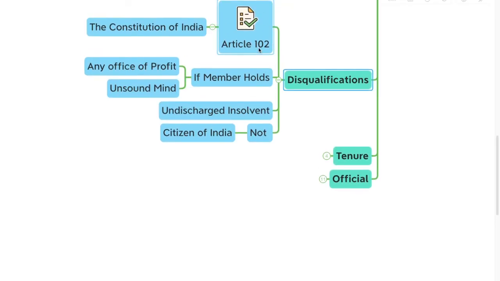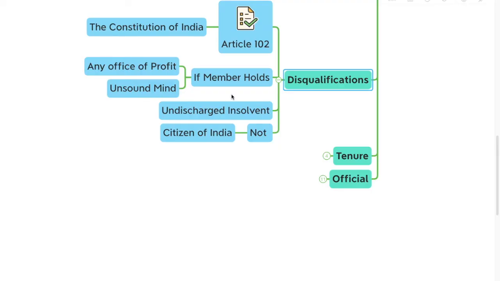So what about the disqualification then? Article 102 lays down the rules for the disqualification of a member of parliament. If a member holds any office of profit, what do I mean by office of profit? An office of profit means a position that brings to the person some financial gain or advantage or benefit. The member can also be disqualified if he or she is of unsound mind.